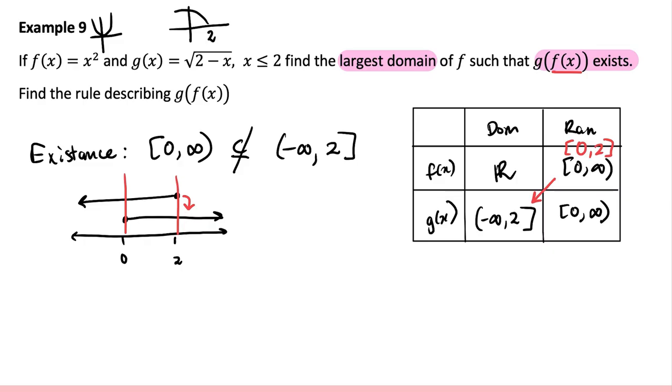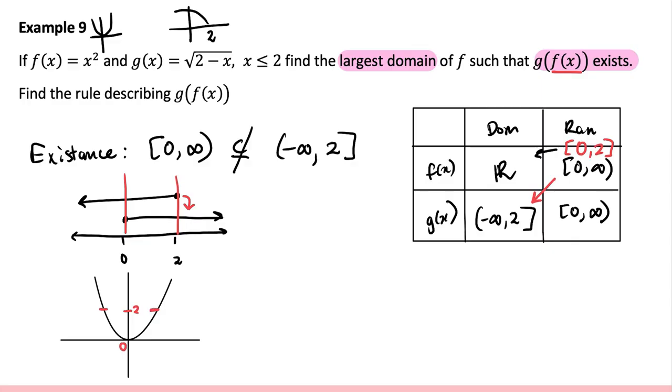Now, in order to restrict the range, we need to restrict the domain. The way to do that is to sketch our graph, highlight the range that we do want, and figure out the corresponding x values. So here's my function, x squared. All I want is the y values from 0 to 2.